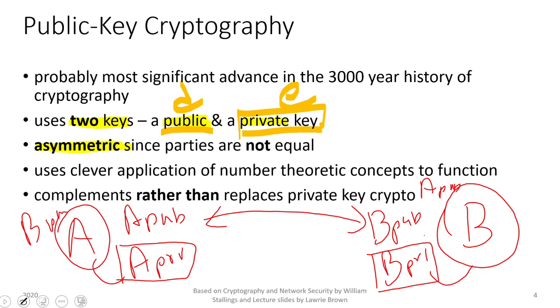So now if they want to send a message, A will use B's public key and encrypt, and to decrypt that they will need B's private key. So encryption is using one key, decryption is using another key. So that is the very basic idea behind public key cryptography.